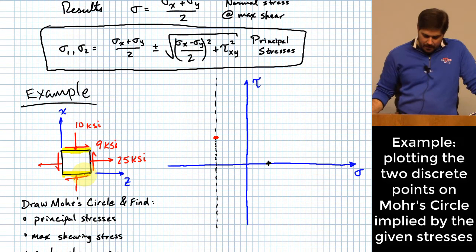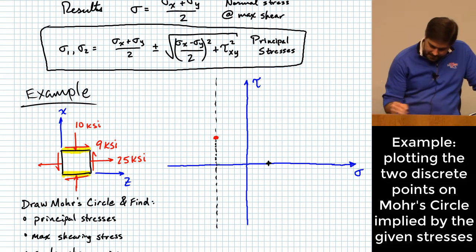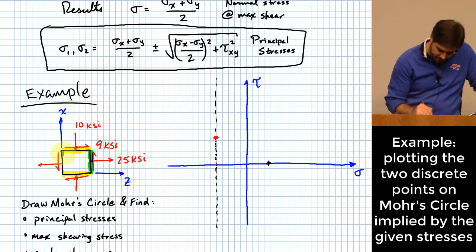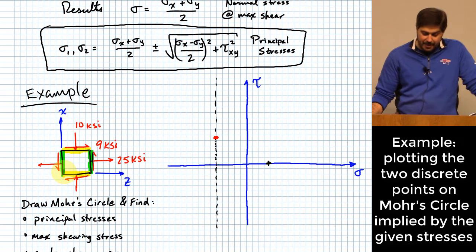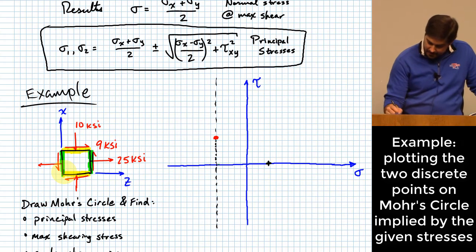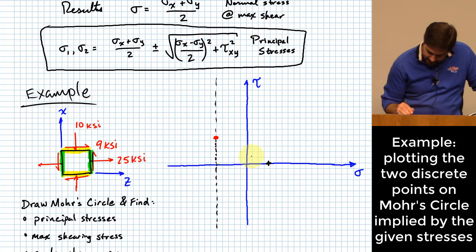Now what about the stress that acts on these side faces? I have 25 KSI there, right? So let me just count that out here. 2, 4, 6, 8, 10, 12, 14, 16, 18, 20, 22, 24, 25.